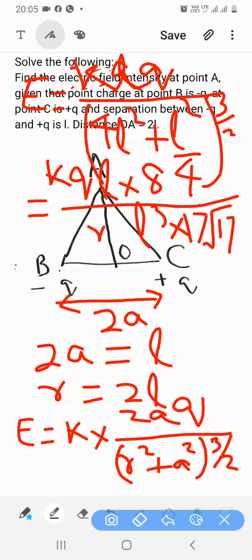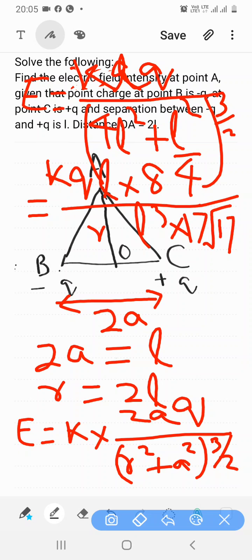So, finally, you will get the answer E is equal to KQ multiplied by 8, that is 8 KQ upon 17 root 17 L square.